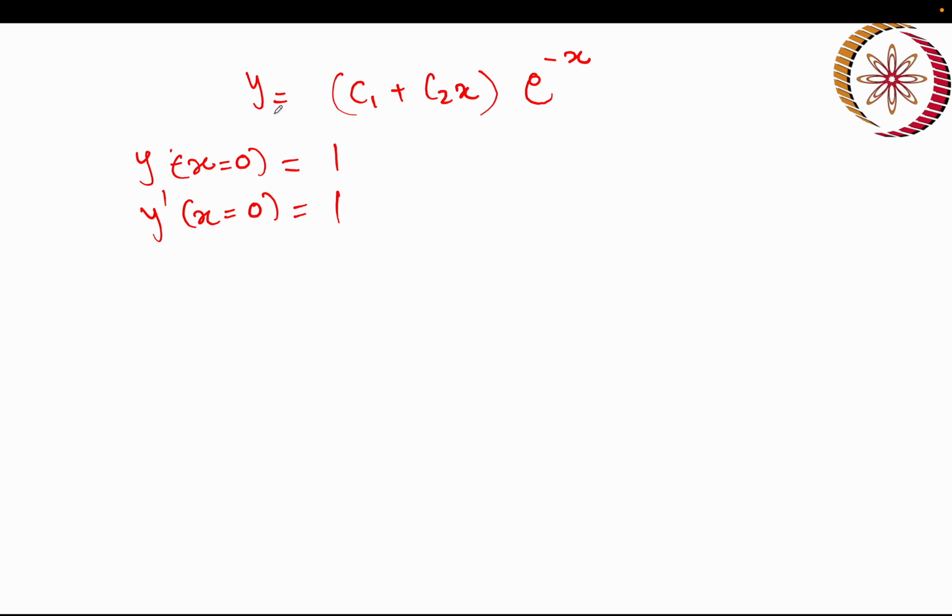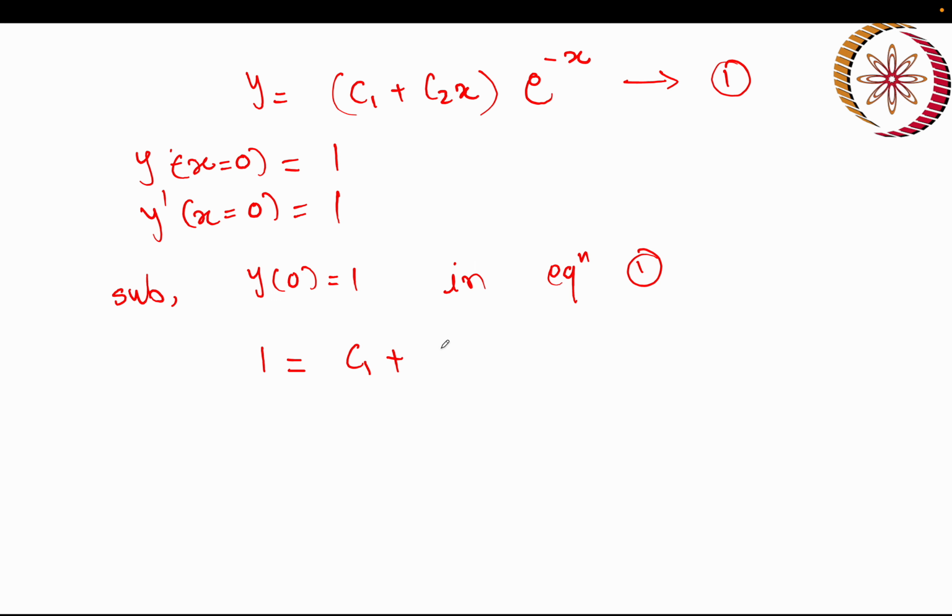So we'll substitute y at 0 equal to 1 in equation 1. What we'll get is 1 is equal to c1 plus 0, and then e raised to 0, and we'll get directly c1 is equal to 1.